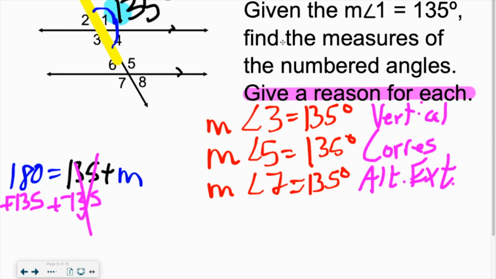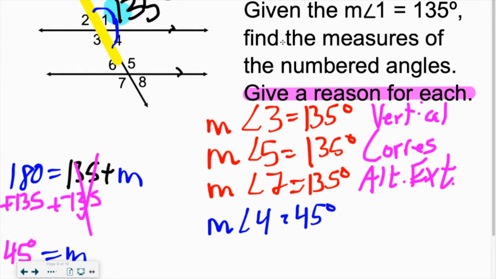Because mental math or calculator approved, be very careful that you get the right answer, 45 degrees. That then tells me that the measure of angle 4 is 45 degrees, and explain that one is supplementary, that is a U there, to angle number 1.